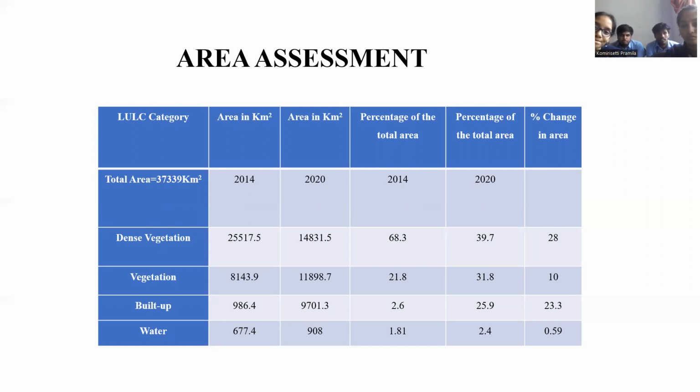For example, water land is 677.7 in 2014 and in 2020 it is 908 square meters of area. So it is reduced by 0.59% in area.